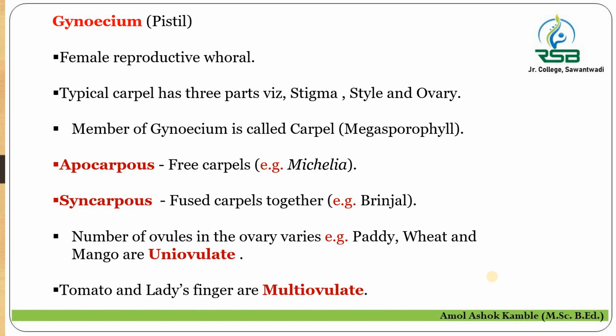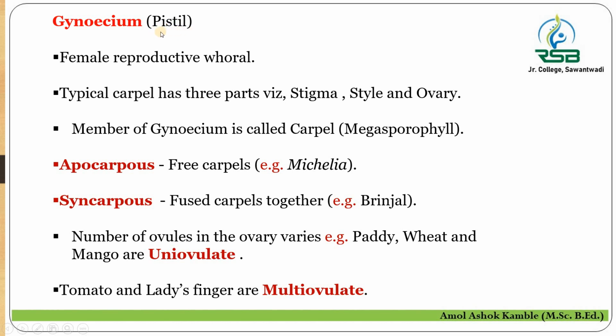As we know that gynoecium is the female reproductive whorl in flowers, and the member of gynoecium is called the carpel, or it is also called the pistil.